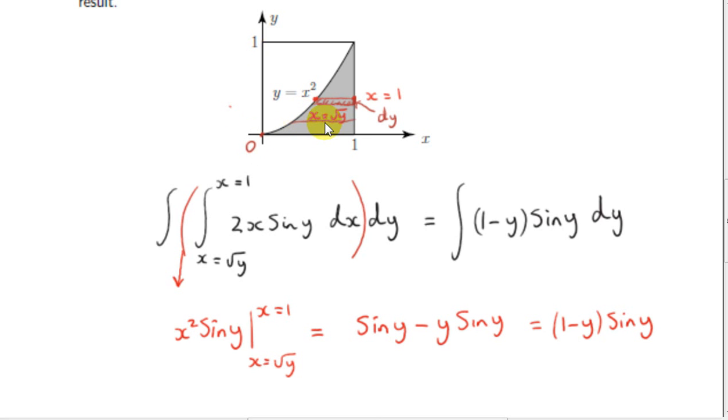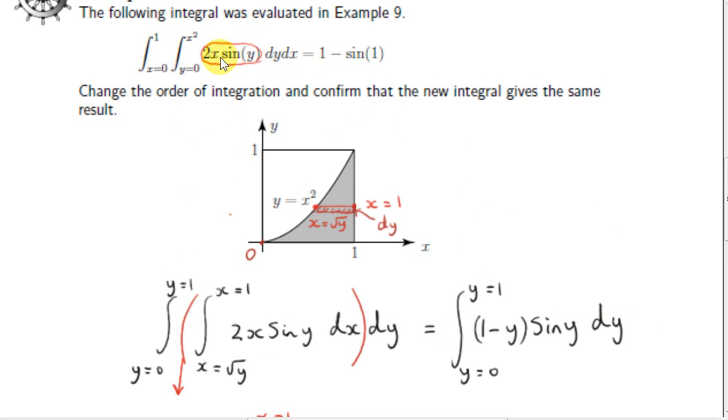So you've got to imagine a load of horizontal slices running from y equals 0 to y equals 1, and that's exactly what we are doing with this integral here. So we can see our limits are from y equals 0 to y equals 1. So you can see that when we switch the order of integration, we get different limits. We can't just use the same limits.